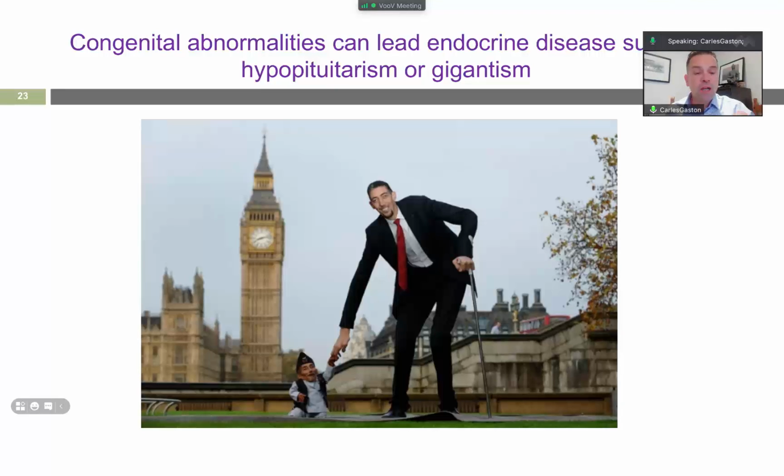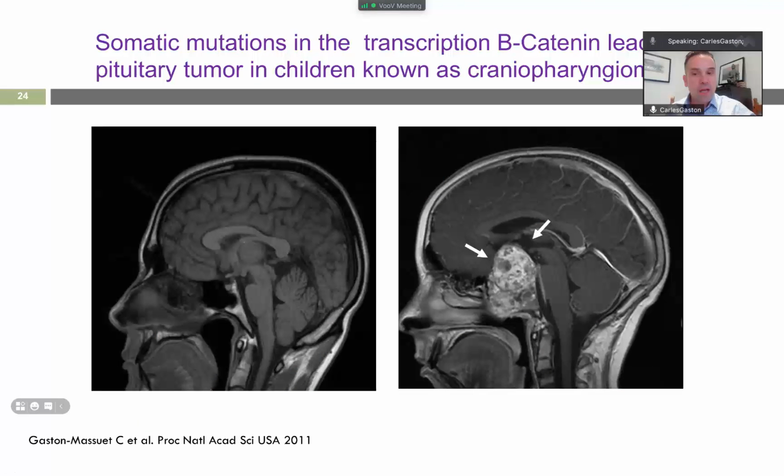So what we will also study is why mutations in these transcription factors or molecules that are important in the regulation of the pituitary gland can give us this type of condition. As I have told you, for example, the transcription factor beta-catenin is very important in the stem cells of the pituitary gland.